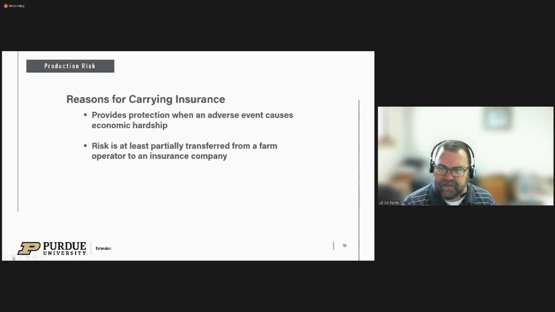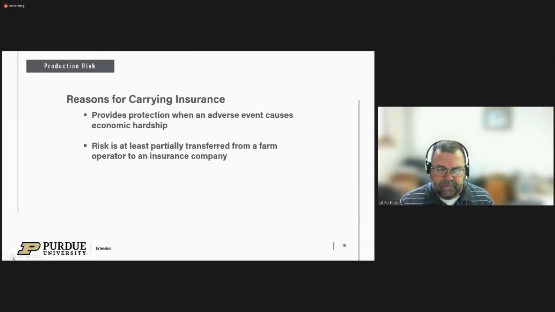And so risk is at least partially transferred from a farm operator to an insurance company. And when this adverse event occurs, the amount of loss must be observable and measurable to receive a recovery payment. So that's something to remember when you think about what is a true reason for carrying insurance. Those two key words, observable and measurable, if there is an event that occurs, help provide that economic backing.